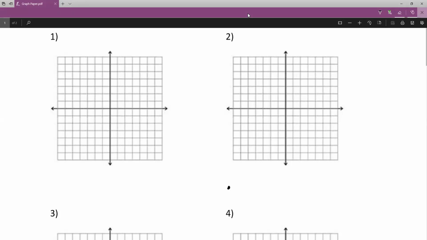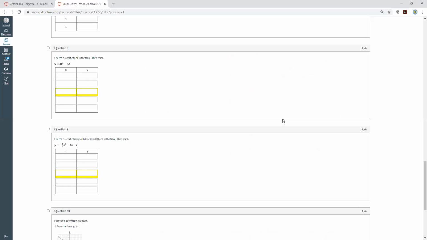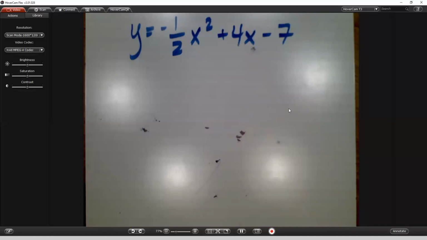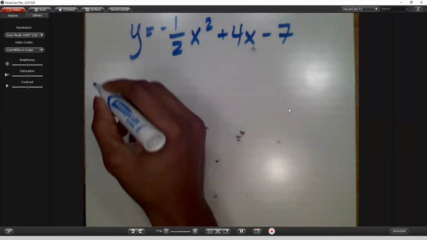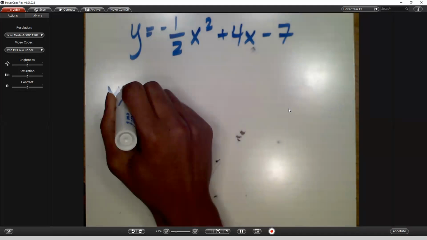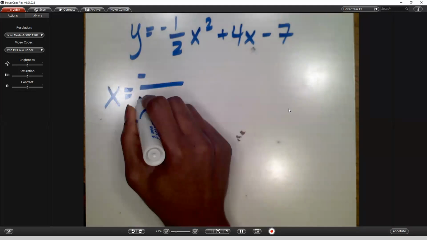Number 9 on your quiz: y equals -1/2 x squared plus 4x minus 7. I have that written on my whiteboard already, and we're going to just go through the problem. Remember, as we're graphing, we want to find the axis of symmetry first. The axis of symmetry is going to be opposite b over 2a.